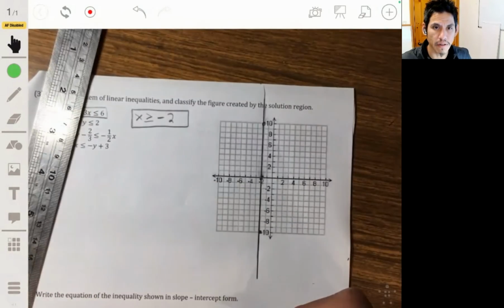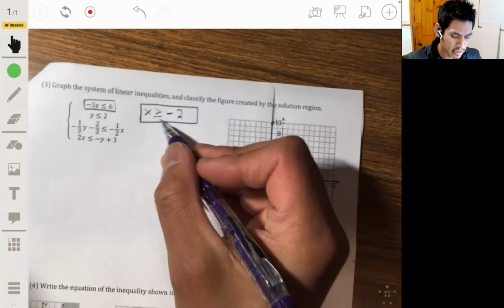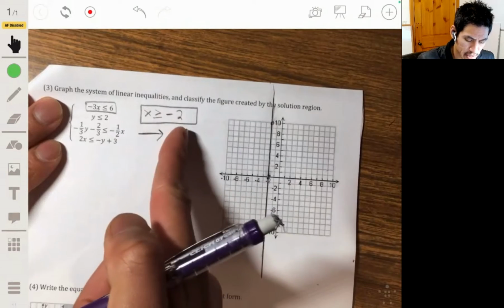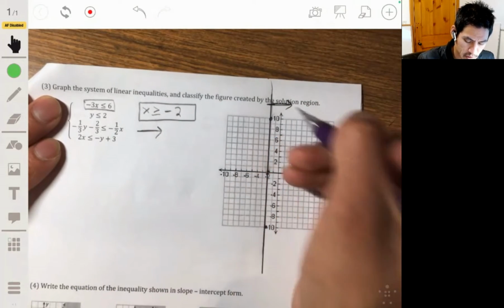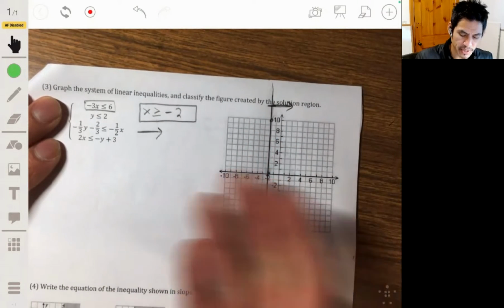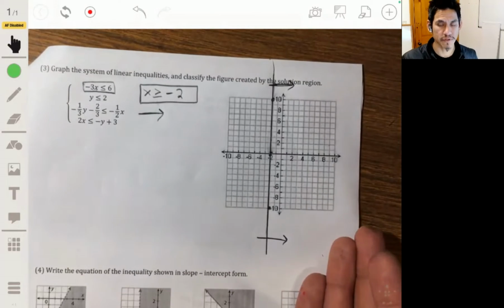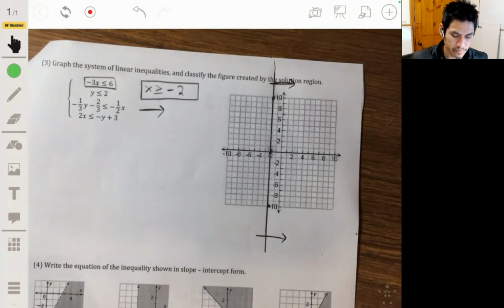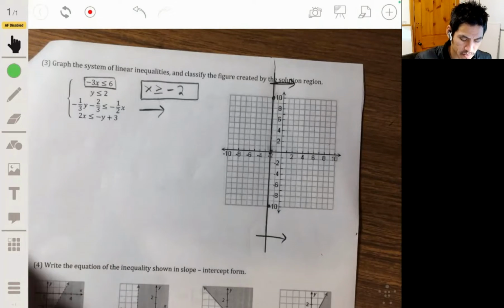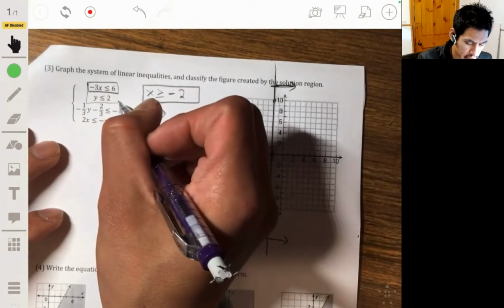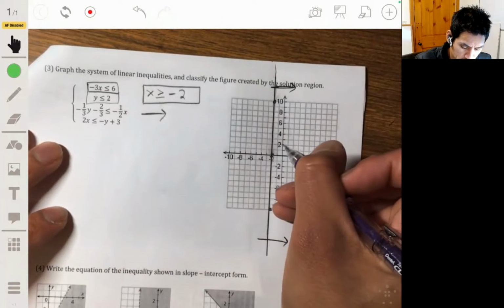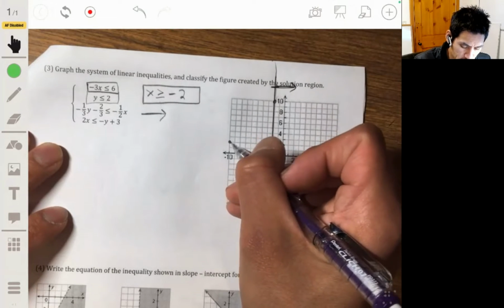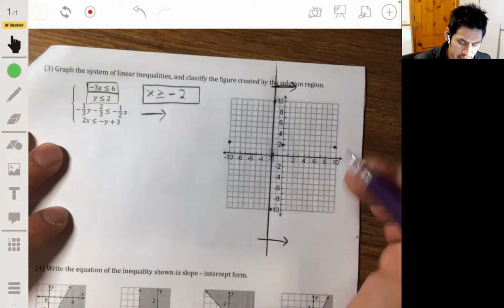A little better. So we're saying x is greater than or equal to -2. So we're talking about to the right of -2, because x values get bigger as you move to the right. So for now, we know that's going to be to the right of this line. Now for the next one, y is less than or equal to 2. We just make a line at 2 on the y-axis, but it's going to be horizontal because the y value always stays at 2.